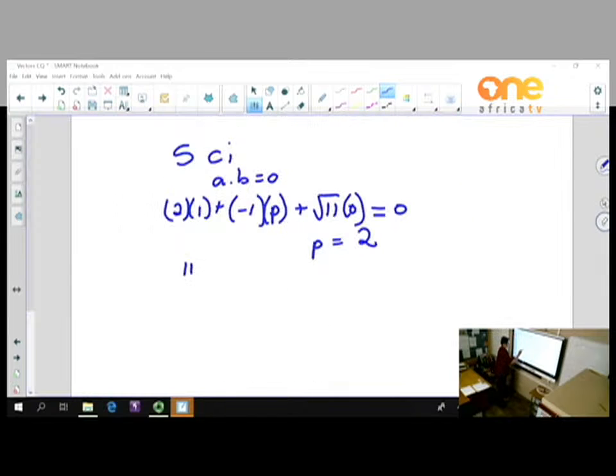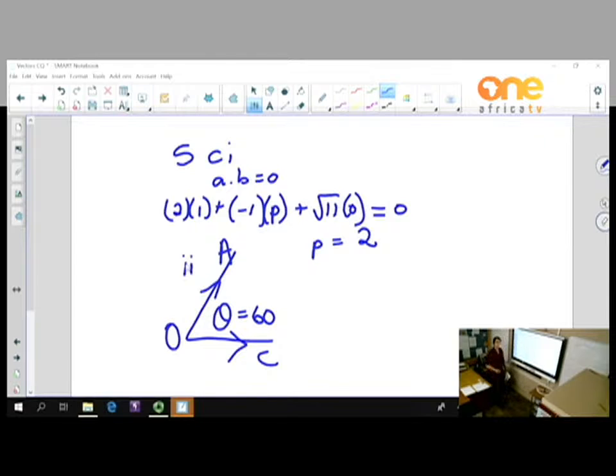So this is now C2. Angle AOC, I always draw my picture, arms out, I need to find that angle. And this time they told you that this angle is 60 degrees. So we got a value for that one. Okay, so which are the two vectors that you work with? OA and OC. We work with the vectors OA and OC.